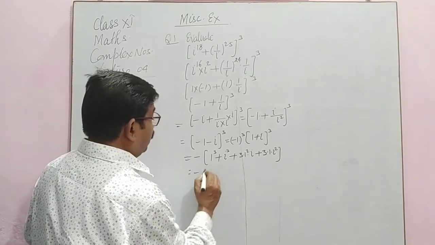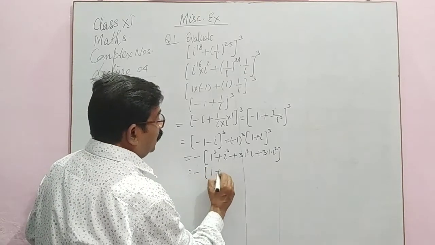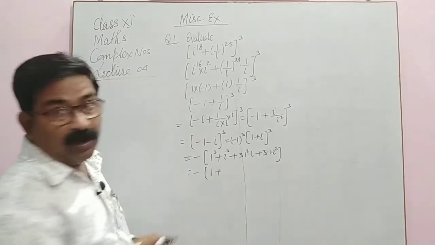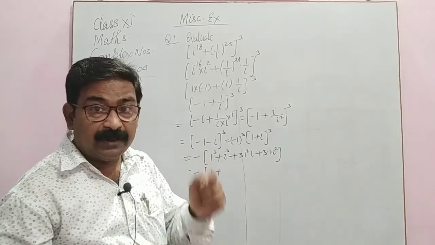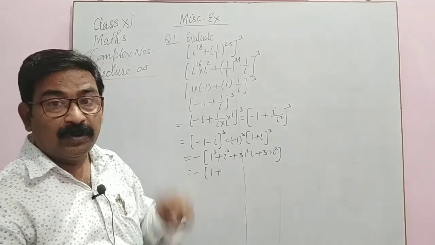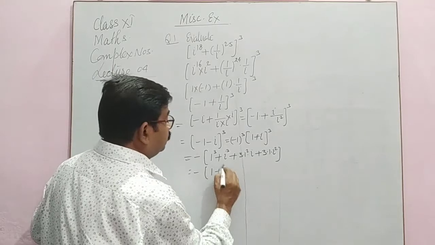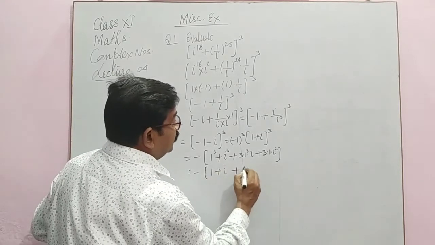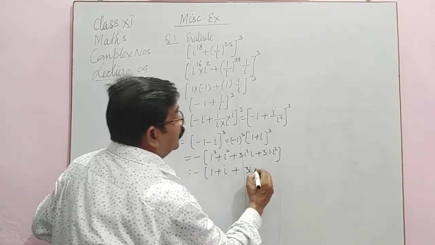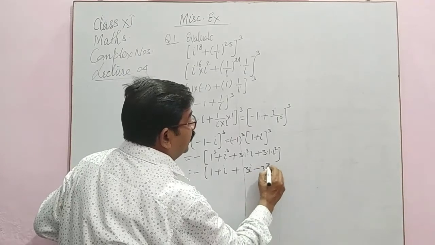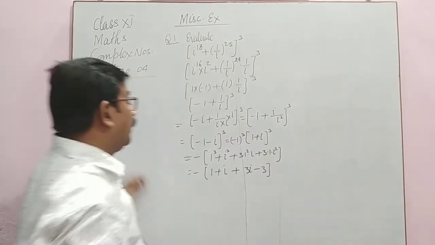So what we have? Minus, see, 1 cube is 1, plus I cube is minus I, because I square is minus 1 into I, plus 3I, minus 3 because I square is equal to minus 1.